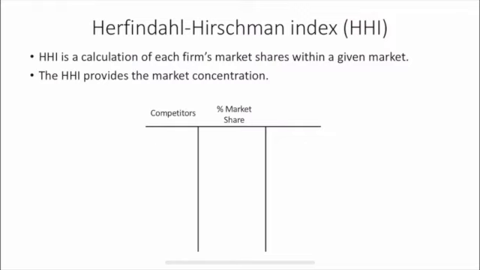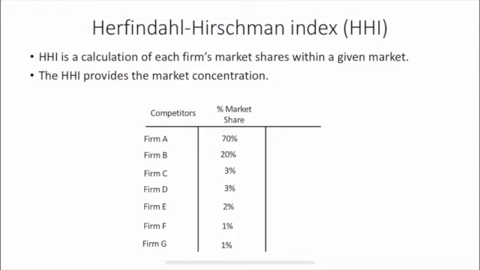So let's go under the assumption that Firm A has 70% of the market share, Firm B has 20% of the market share, Firm C and Firm D have 3% of the market share, Firm E has 2% of the market share, and Firm F and Firm G only have 1% of the market share. Now when we calculate the HH index, the HH index formula states that we must square the market share.